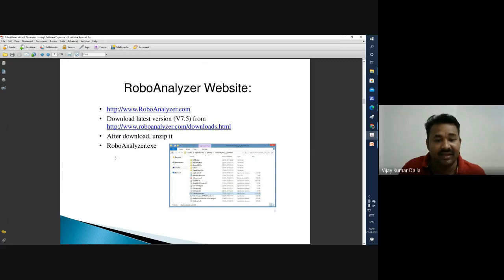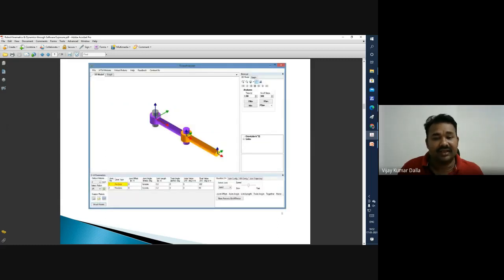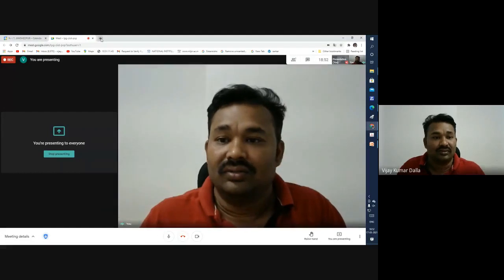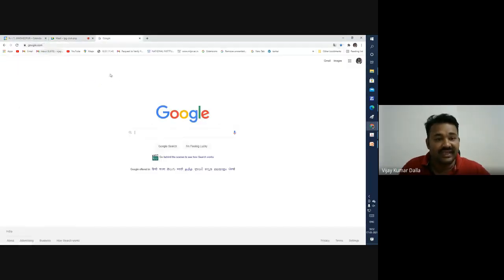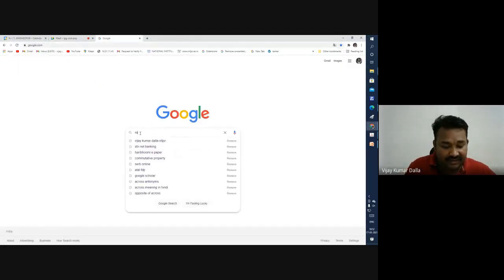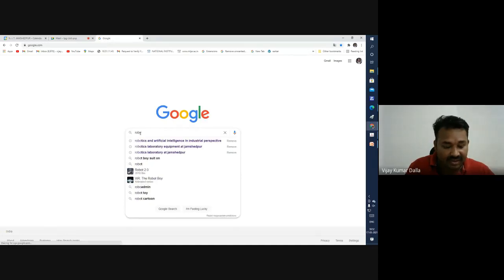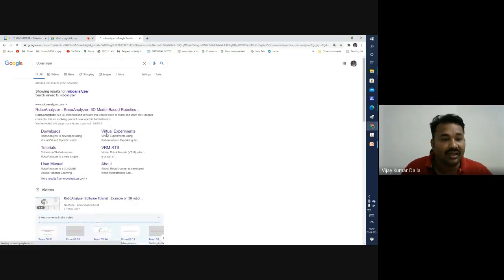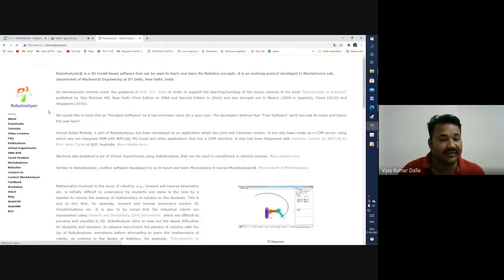Now coming to the software. One can easily get it by typing RoboAnalyzer in Google, then you will find it. See the left side, there is a downloads section.